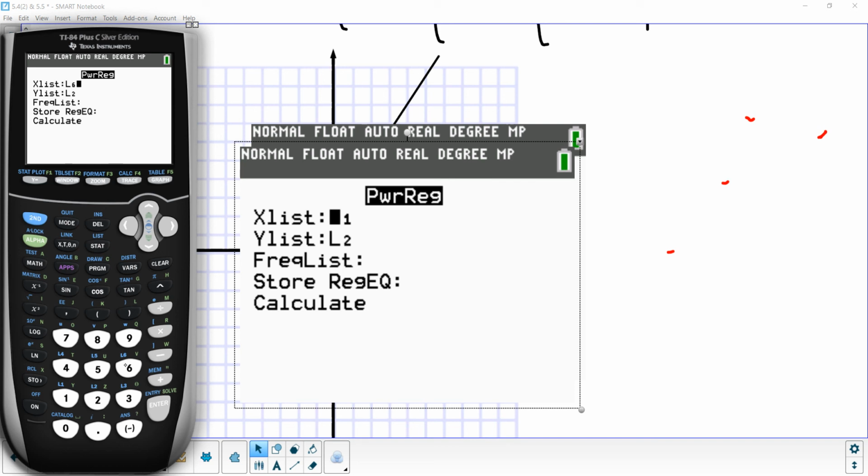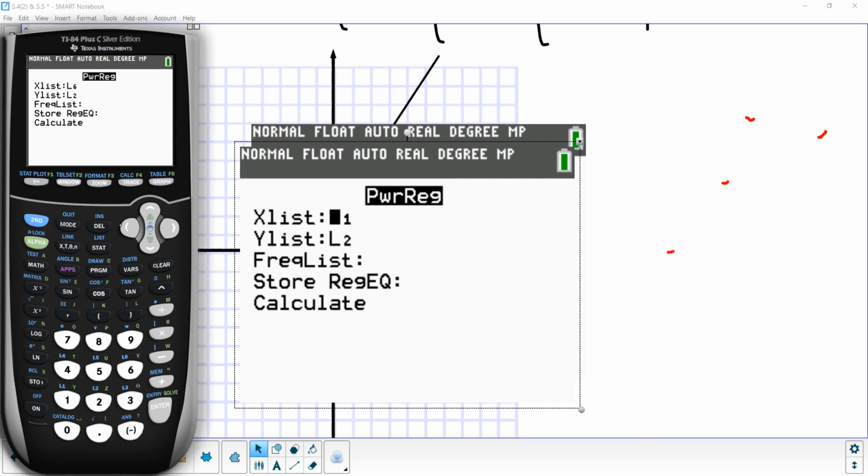Let's say you put your x's in L6, I could press second 6. But my x's are not in L6, they're in L1. So I'm going to put my x's in L1, my y's in L2. We don't need to change anything about where it's going to store the regression equation. That's just a place on the calculator that you could store it later on if we want to use it. We don't need to store it, we're just going to look at it on the screen and write it down.